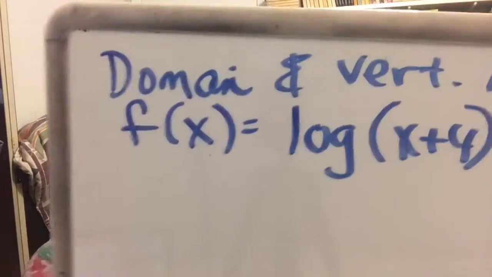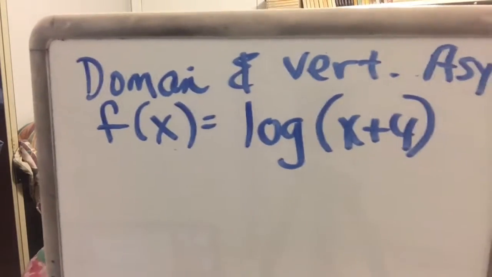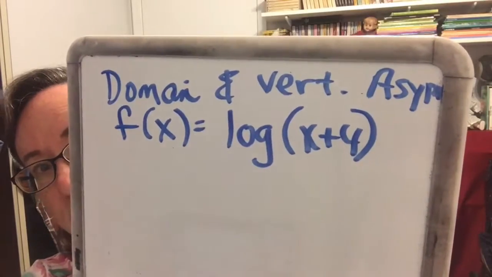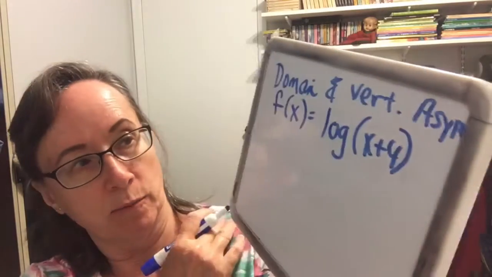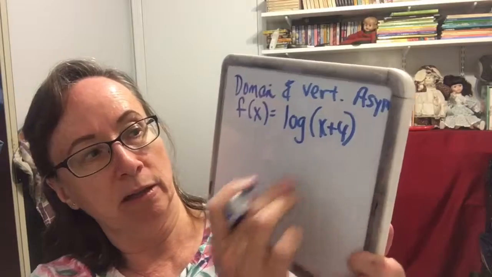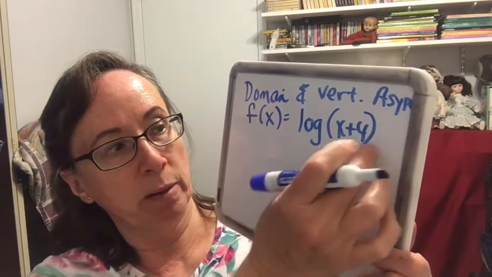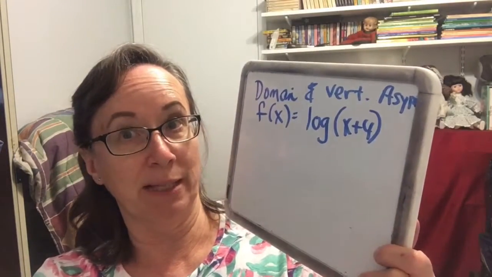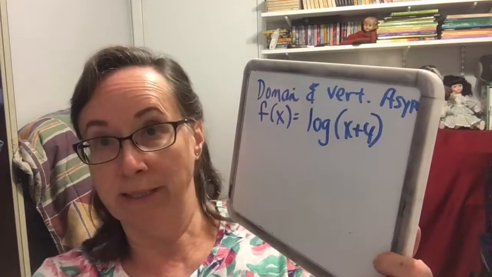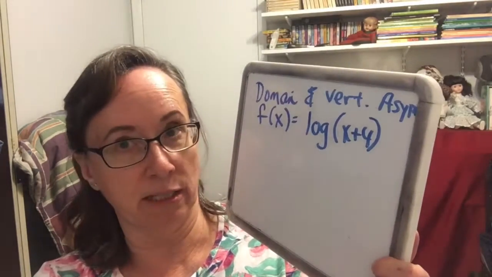Okay, on this one, we are number 17, we are to find the domain and the vertical asymptote. And when we look inside here, the domain, remember your argument can never be negative or 0. You cannot have a log of 0.